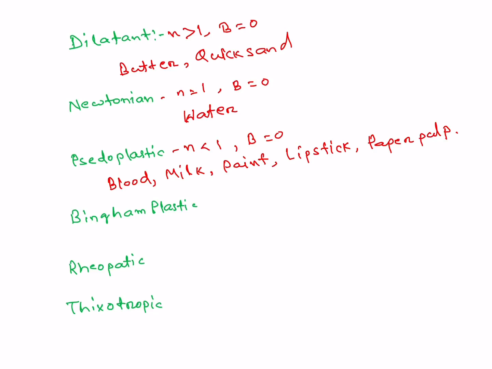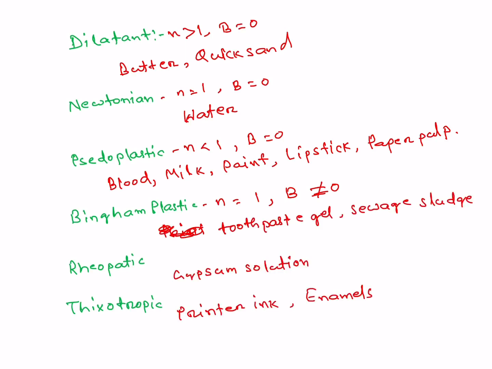Then Bingham plastic, n is equal to 1, B is not equal to 0, initial stress is there. Bingham plastic examples are toothpaste, gel and sewage sludge.